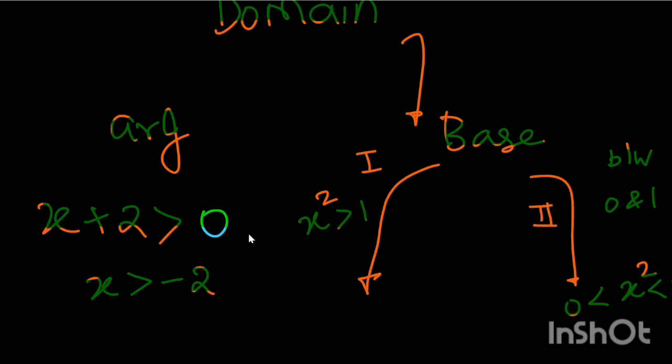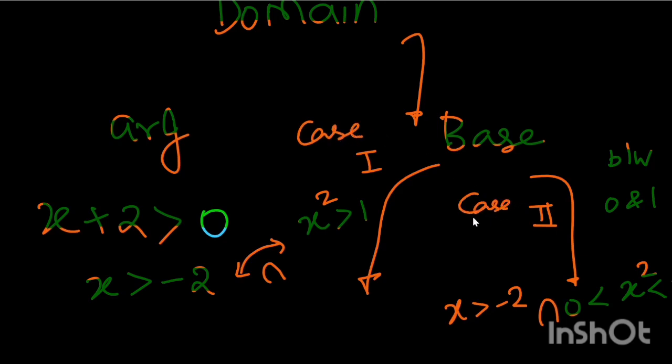Okay, we also need to ensure that x is greater than minus 2 and x square greater than 1. If you take case 1, we have to take the intersection of this, and here also x greater than minus 2 and this. Now whatever you solve in case 1 and case 2, after solving the equation, first we will get the domain, which will be calculated after taking the intersection in each of the two cases, and then we will solve it.